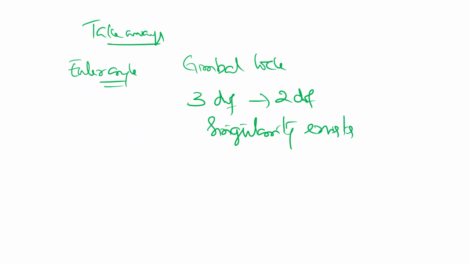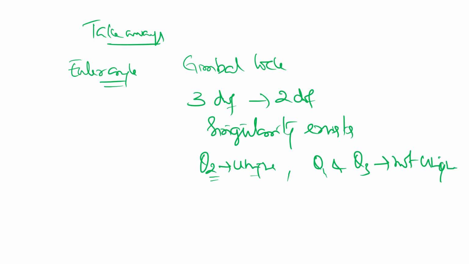Then theta 2 is always locked, so this is unique based on that. But theta 1 and theta 3 are not unique, which means theta 1 and theta 3 are dependent.